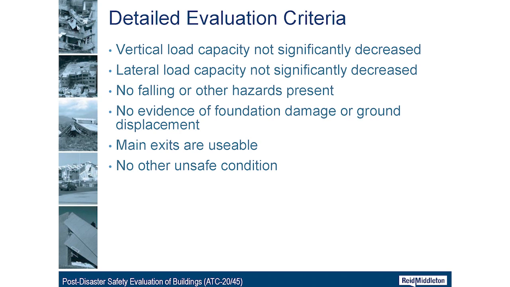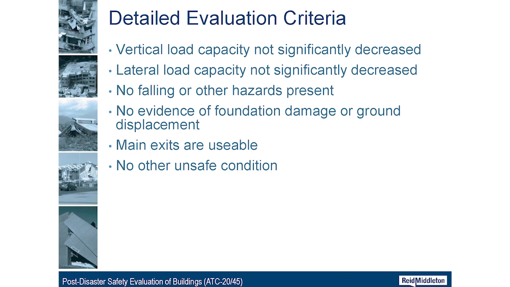But even though that isn't explicitly in the rapid form, as we go through these examples this afternoon, I would encourage us to think through what is the vertical load carrying capacity, the 24/7 gravity demand on this building that it's resisting, how much has it been compromised, and what is the lateral load carrying capacity.